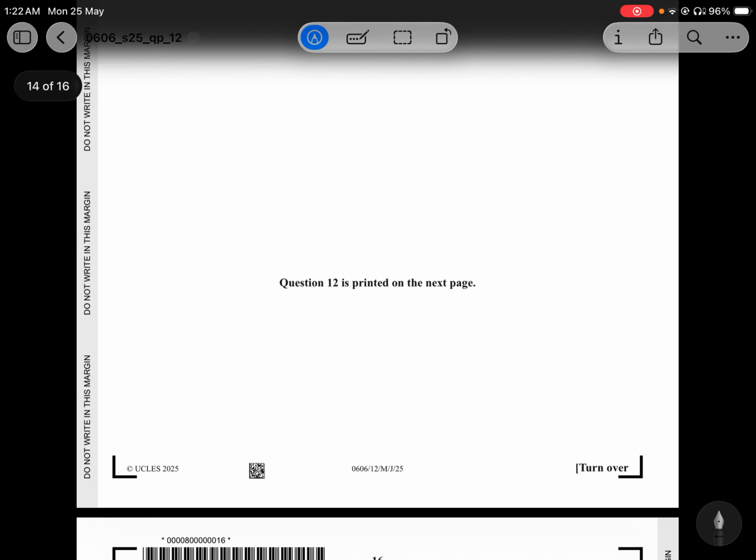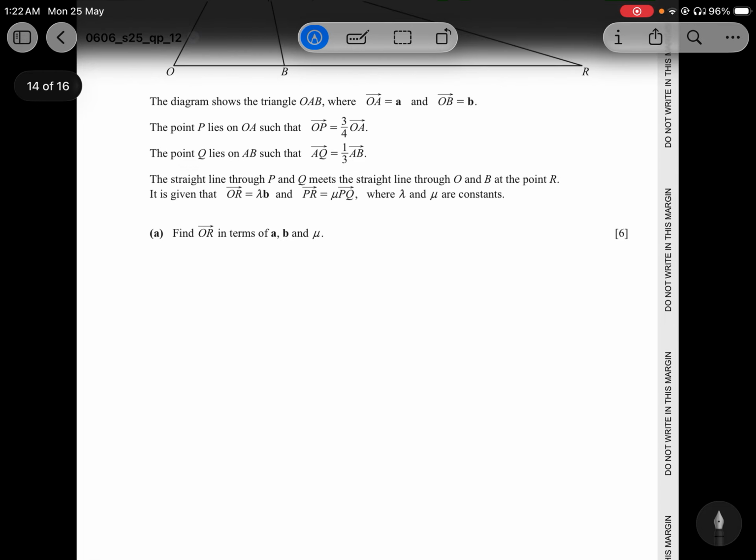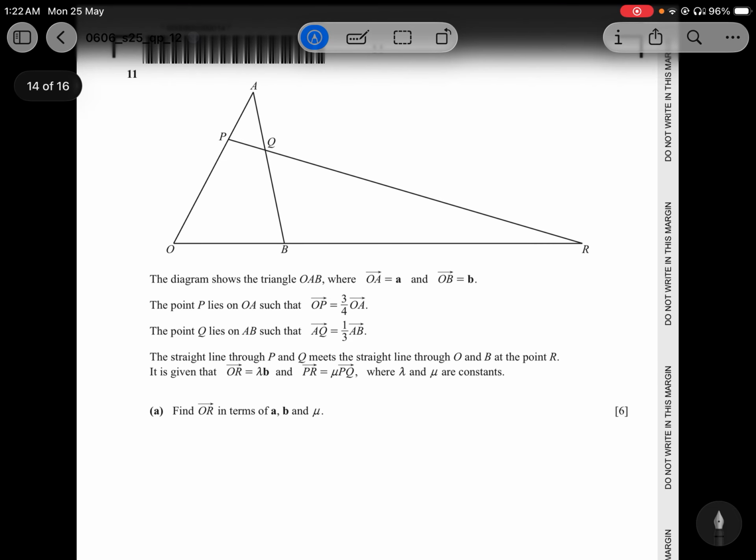The question number 11, the last question. Oh, we have 12 as well. The diagram shows triangle OAB. OA is a, OB is b. P lies on OA, Q lies on AB.